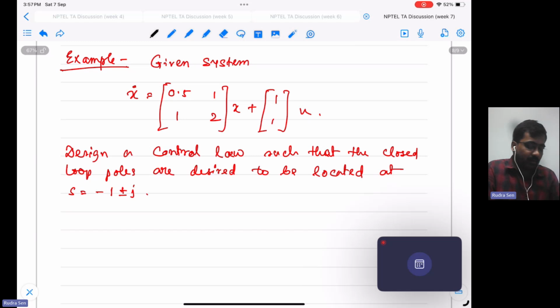So this -1 plus minus j is the desired pole location. I want my system's closed loop poles to lie at this particular position. For that, I have to design a control law.